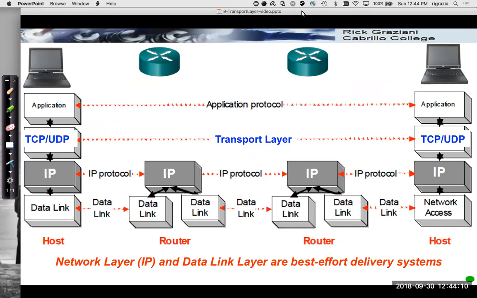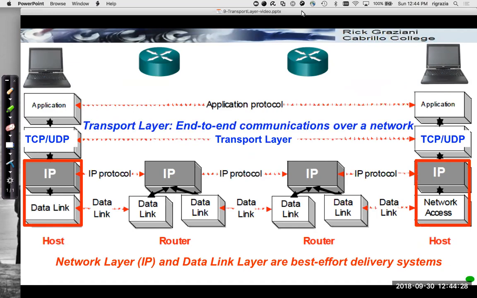First of all, we have the network layer, IP, and data link layers, which are best effort delivery systems. They don't have any guarantee as far as making sure the data gets there reliably. They're just best effort delivery systems. It's the transport layer that's responsible for end-to-end communications over the network.